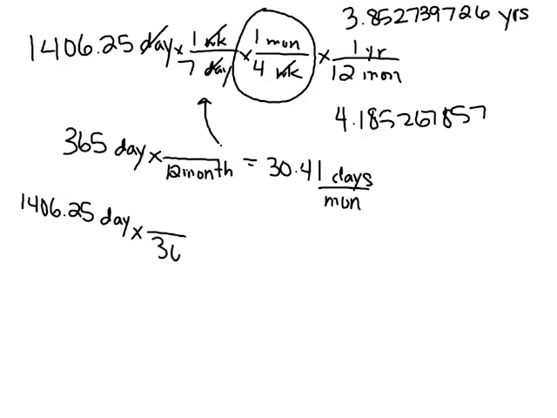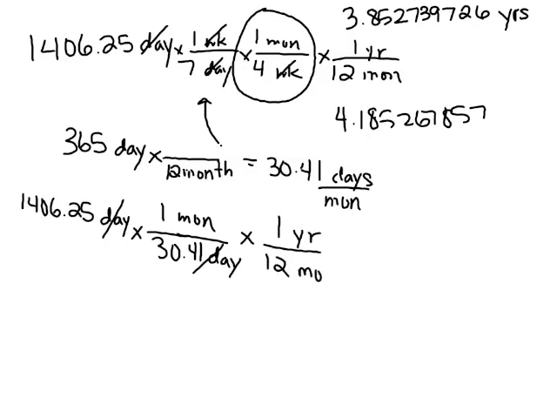Bottom. 30.41 days is equal to 1 month. So then our days cancel. And then months to years, months on top or bottom? Months on bottom. 1 year, 12 months.